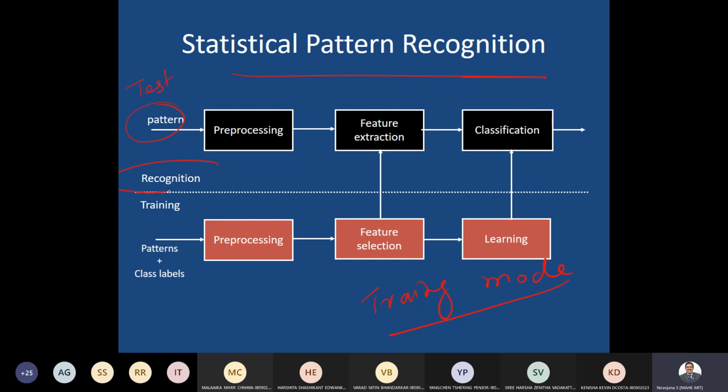That is the recognition part, where you once again do pre-processing of the pattern, then extraction, then maybe classification. You'll be using the rule already set, or based on a certain threshold, you'll be labeling the data now. The random or test data fed here will be labeled here.